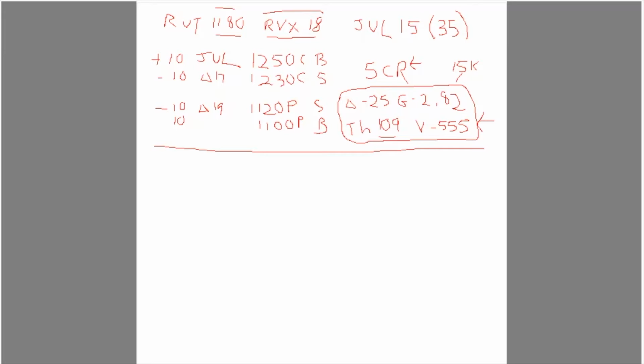So basically, here's all it is, right? We're in the July 15 expiration, 35 days out. The iron condor is selling 10 July 1230 calls, buying 10 July 1250s, selling 10 1120 puts, buying 10 1100s. The tweak is going to be this.